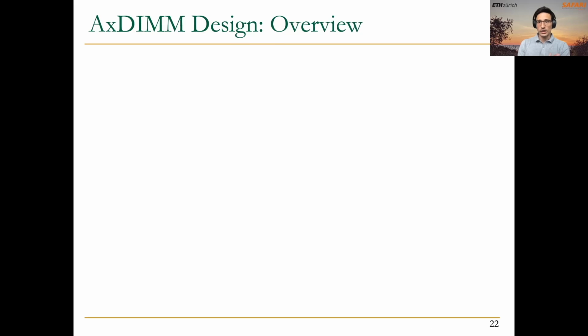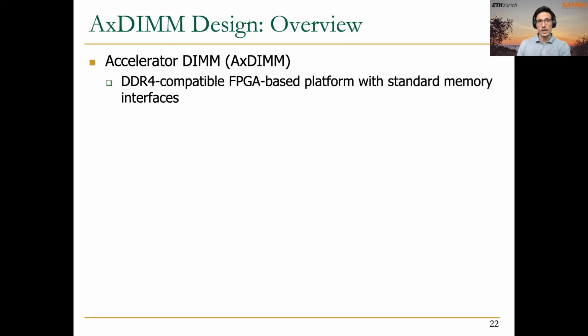AxDIMM, or at least the AxDIMM prototype for recommendation systems, follows a different design, a similar design as we are going to see. But this AxDIMM, this accelerator DIMM, can also be used for other purposes as well.